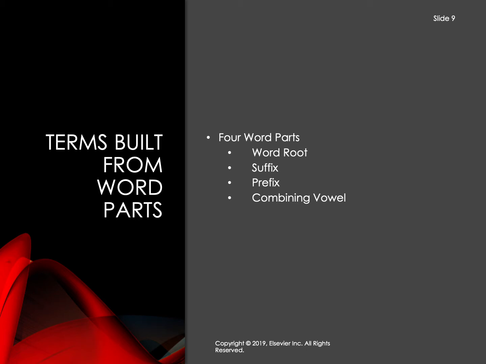We don't say arthrotis or arthroitis because itis starts with a vowel, and that is a suffix. So we would drop the O from arthro, and we're going to look at this, so don't worry. And then we would just stick itis onto that root word, and we get arthritis, inflammation of the joint.